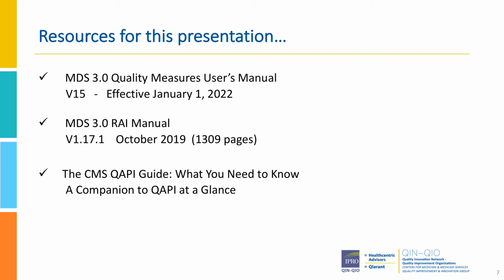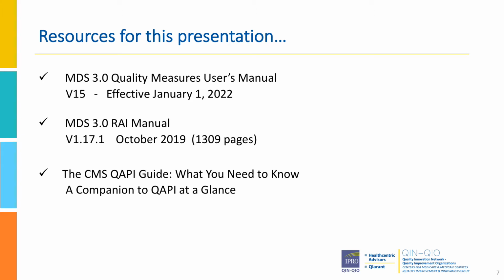The resources I have used for this presentation are listed on this slide, and I'll speak to them individually. The MDS 3.0 Quality Measure User's Manual, right now version 15. The manual explains all of the details for the calculation of each quality measure. I will also be referencing the MDS 3.0 RAI Manual, the latest version being some 1,300 pages.